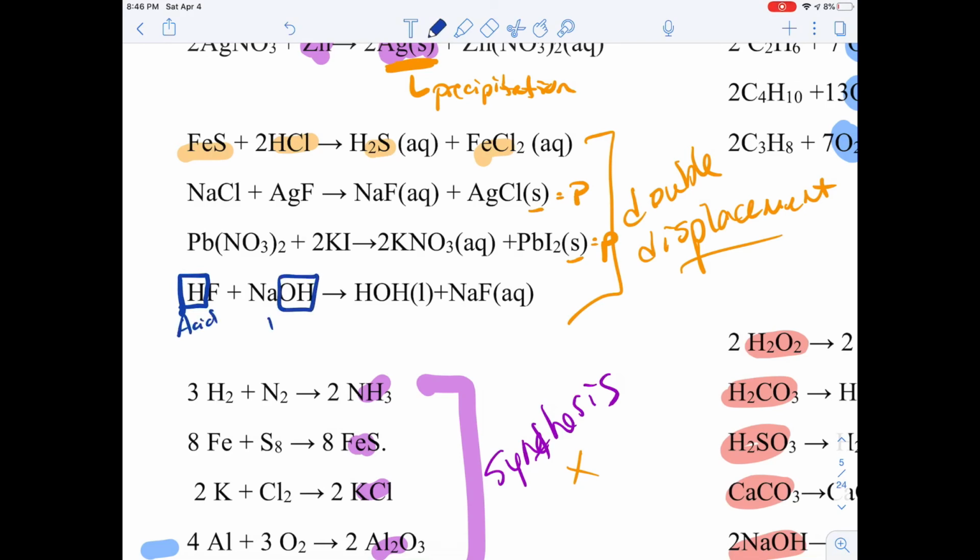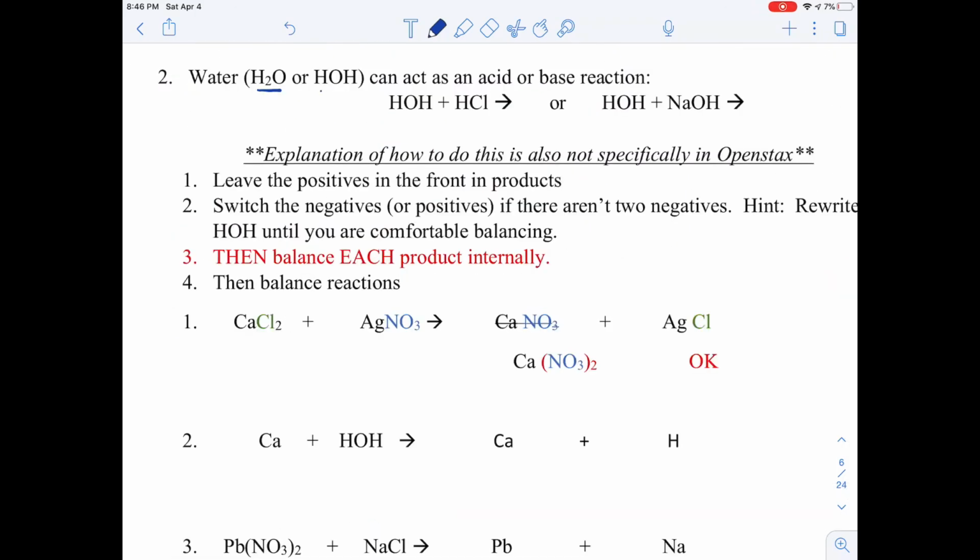So this is our acid, this is our base. So this is an acid base. So within double displacement, we have precipitations and we have acid bases. You can write water as H2O or HOH. But what I'm going to tell you guys is that HOH is easier for balancing.